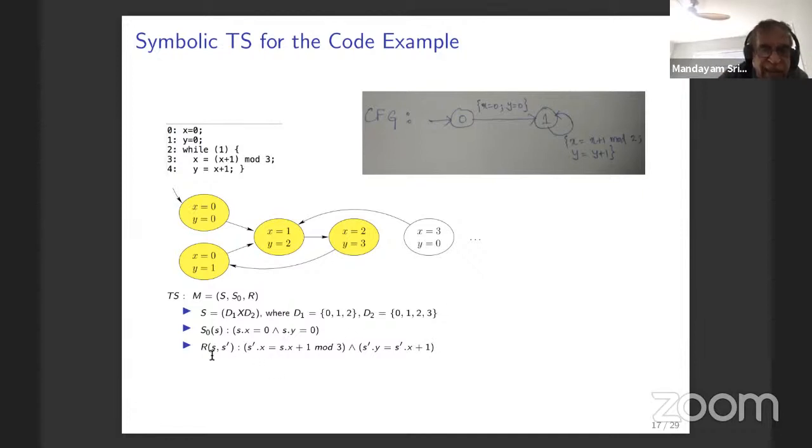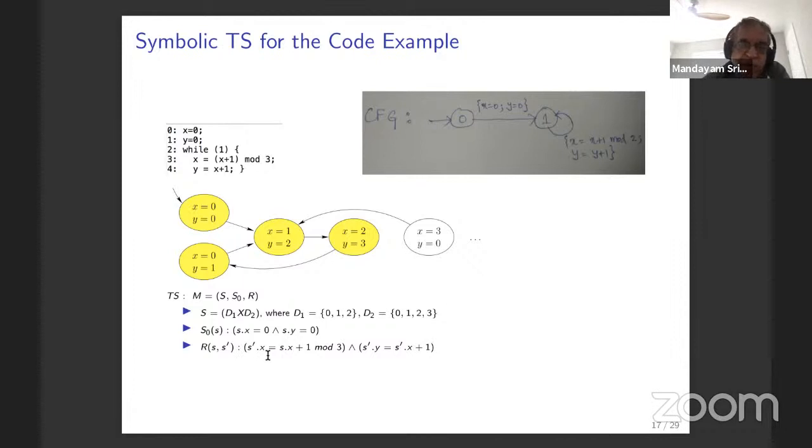Your relation, because it is a transition relation, relates the pre-state to a post-state, so it has to be a relation between two state variables. The post state is generally denoted using the prime notation, and therefore your formula will be stating constraints relating the primed variables to unprimed variables.